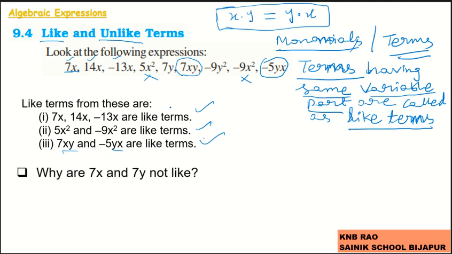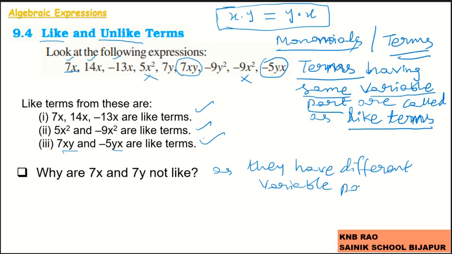Question 1: why are 7x and 7y not like terms? As they have different variable portions, isn't it? 7x has the variable portion x, and this 7y has the variable portion y.